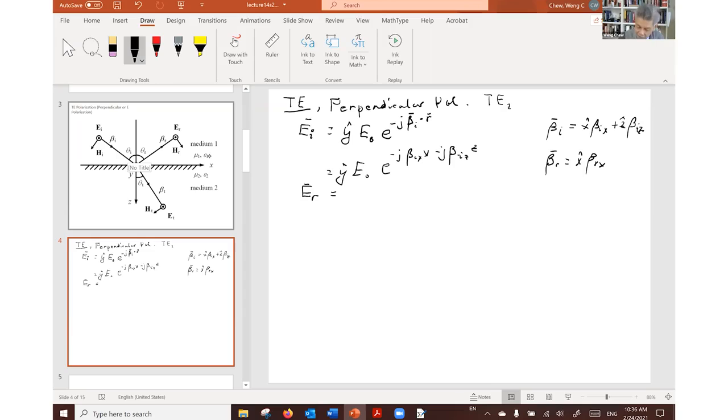So when we write this down, we just put down the sign and call that to be that. And then when you write this down, the reflected wave will have an unknown amplitude, and we do not know what the amplitude is. Let's call it RTE. So this unknown amplitude we call E0 times RTE.